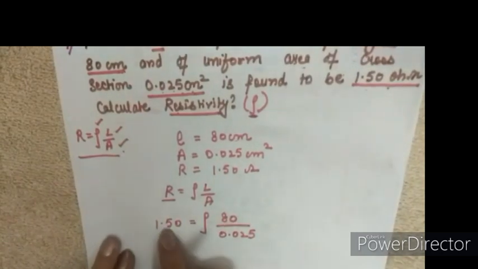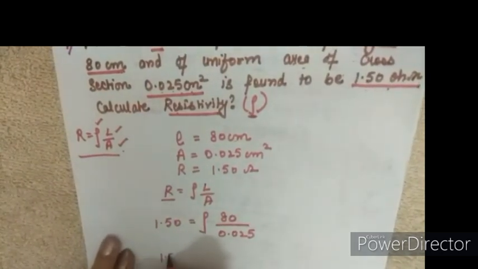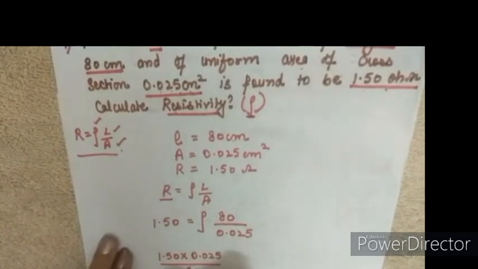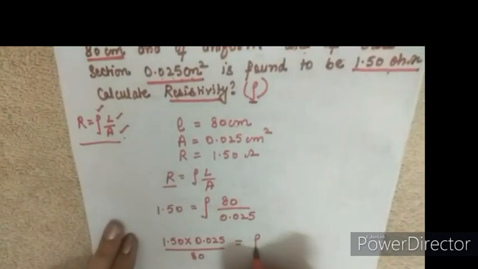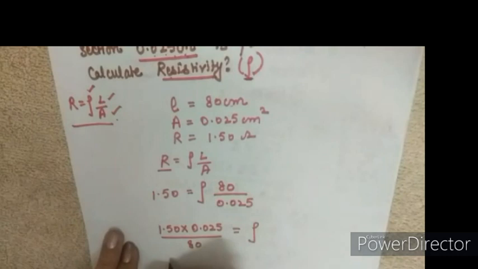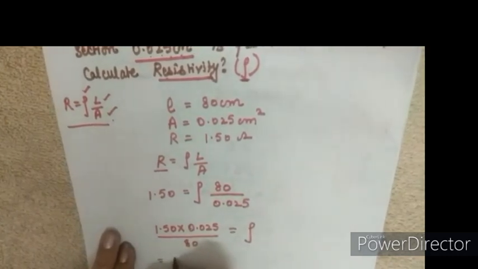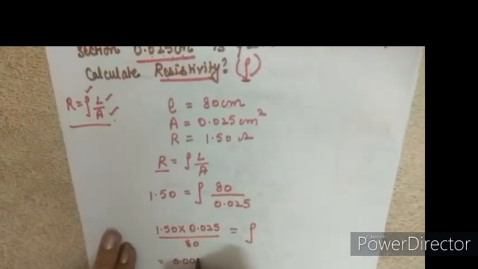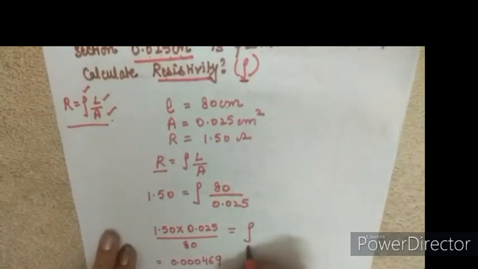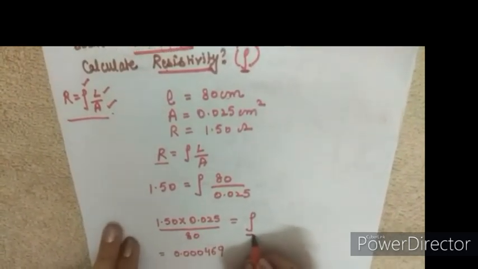Now take this value over this side. 1.50 into 0.025 divided by 80. That is equal to the value of rho. So when you solve it, you will get the answer 0.000469.